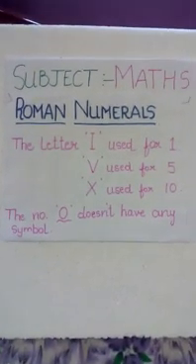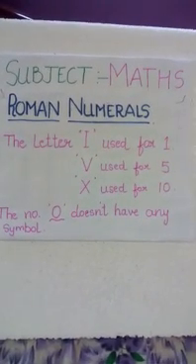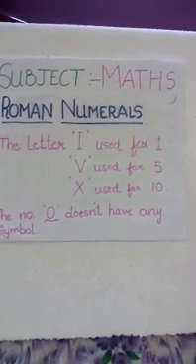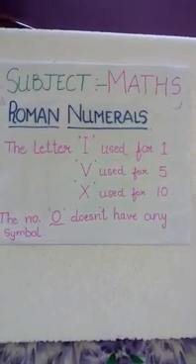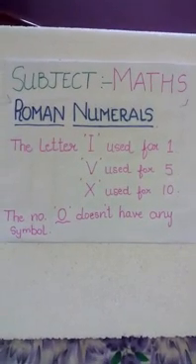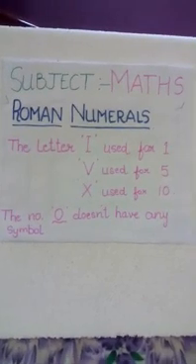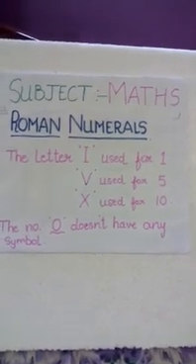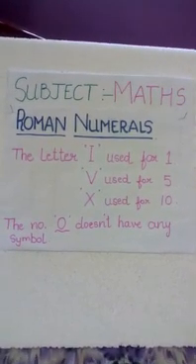As we can see, the letter I was used for number 1, the letter V for number 5, and the letter X for number 10. We usually see these symbols on clocks and on question papers.